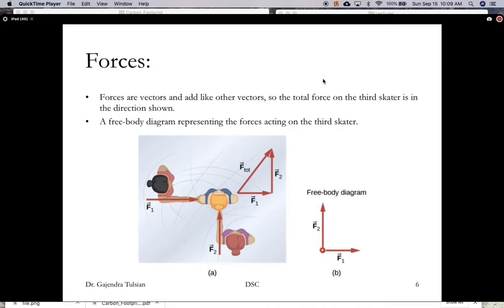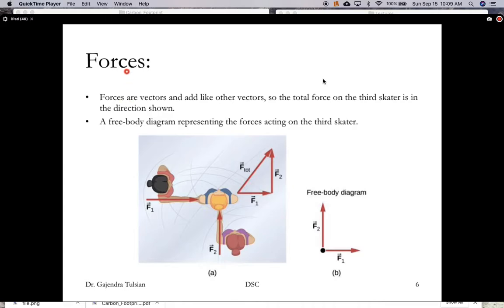She's represented by a point, this force is represented by that arrow, and that force is that. So a free body diagram represents the forces acting on the object. This is the relevant portion, and that's what we've drawn here.